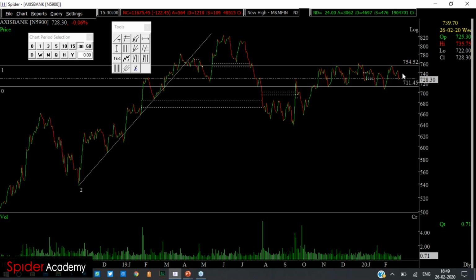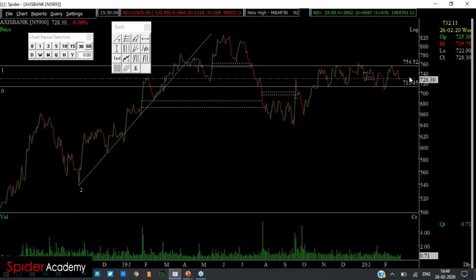Generally, these consolidation zones should be broken within, let's say, 2 to 3 months. Now, over here, we got into a consolidation at October end. So it's November, December, January, February. So it's too much of a consolidation happening. We could have a momentum anytime, but we wouldn't conclude it till the time it hasn't moved outside these lines that we have drawn.